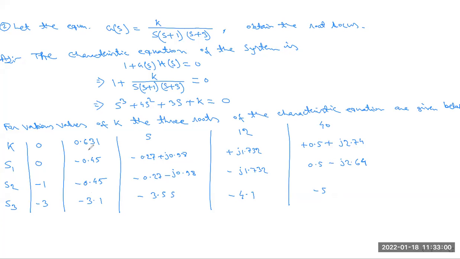So when this is 0.631, we have to put that value of k, the required equation which is the same sign. And again, when k is 12, one is positive, another one is negative, and another one is negative. So after preparing this table, you have to put these values into the graphical representation. So we have to go to the next page.